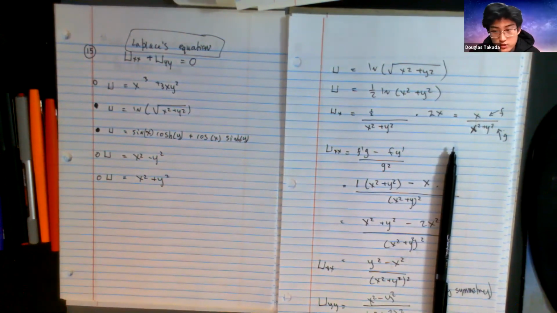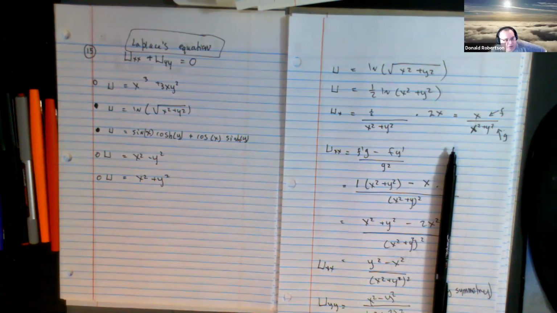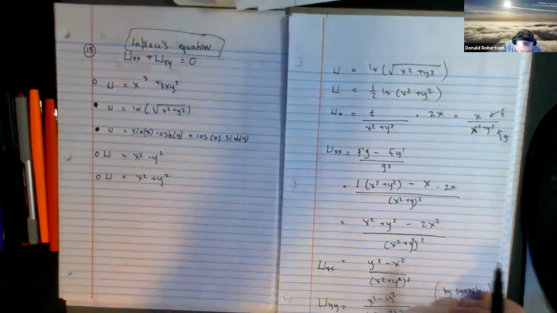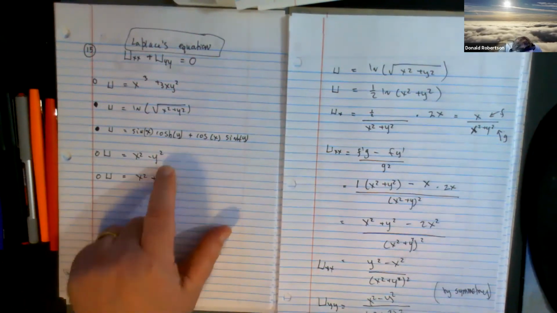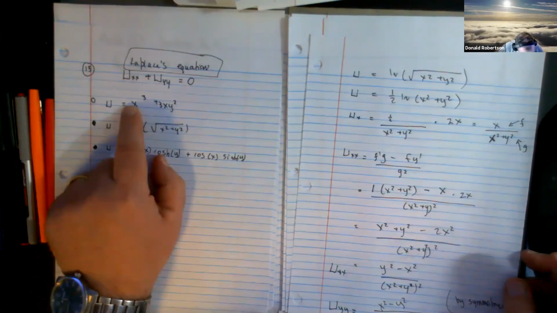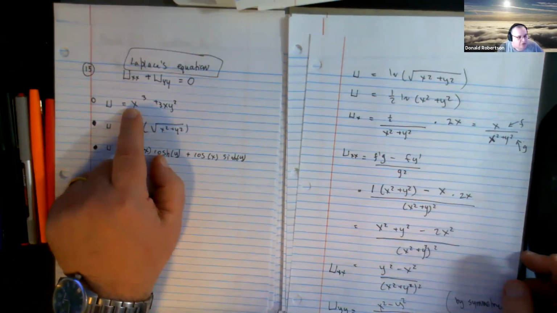X squared minus y squared doesn't work. Correct. Oh, wait a minute, take it back. X squared minus y squared does work. X squared plus y squared doesn't. That guy gets you 2 and that guy gets you -2 and they do get you 0. My apologies. This doesn't, this does. So I have no idea whether that works. Yes, I do. It doesn't work.